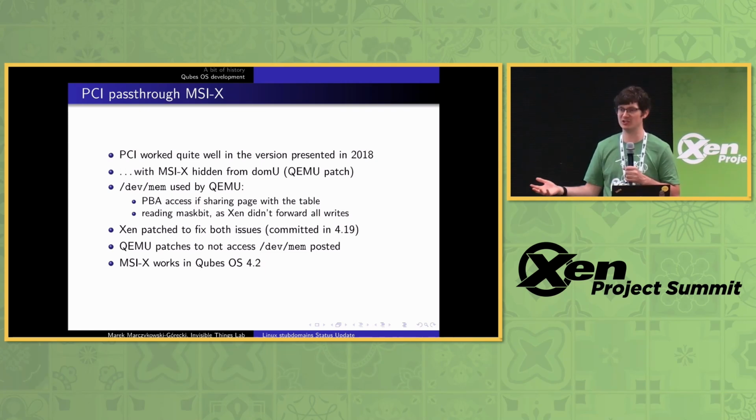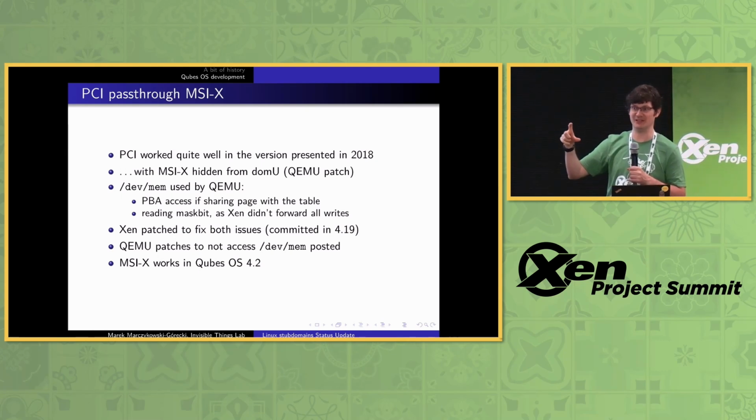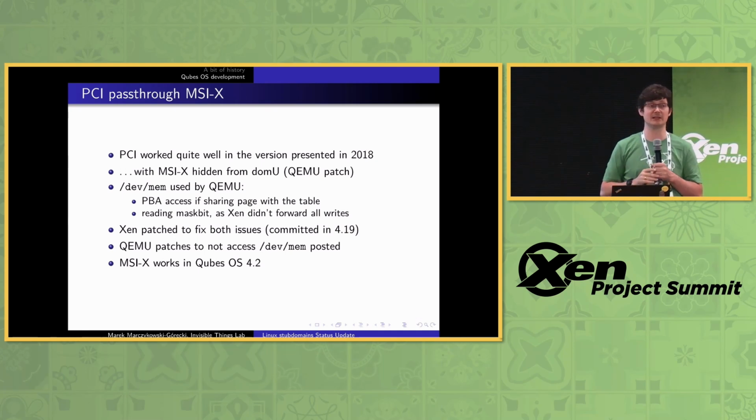There was some optimization, but this optimization was actually harmful because QEMU didn't get a full picture of the actual MSI-X state, so it accessed devmem to get the actual content. So we changed that in Xen. The patches are already committed in 4.19.